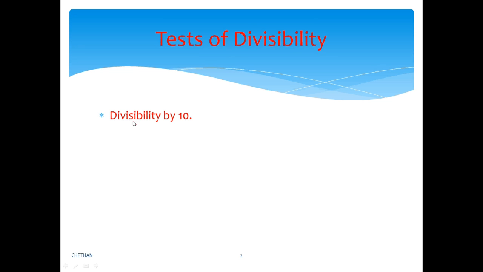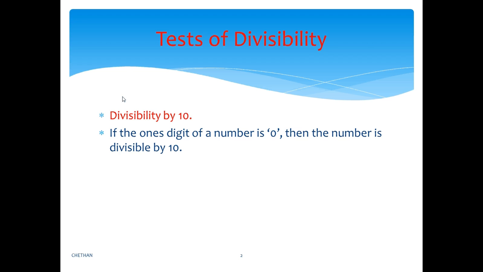First one, divisibility by 10. If they give some number, we have to check whether that number is divisible by 10 or not. It's simple. If the ones digit of a number is 0, then the number is divisible by 10.